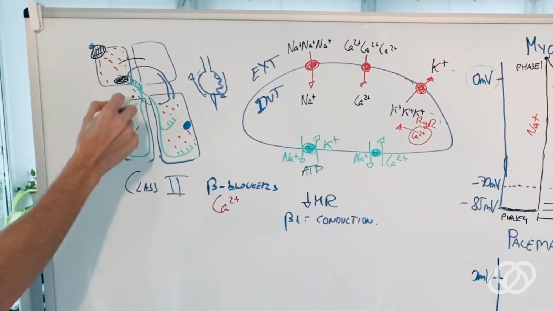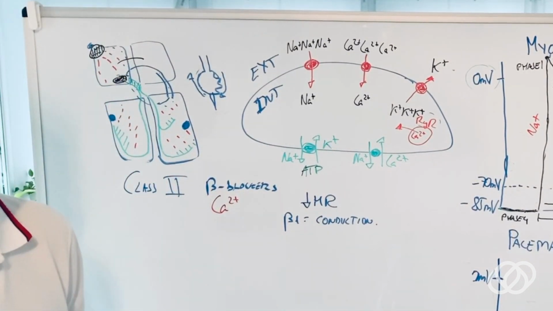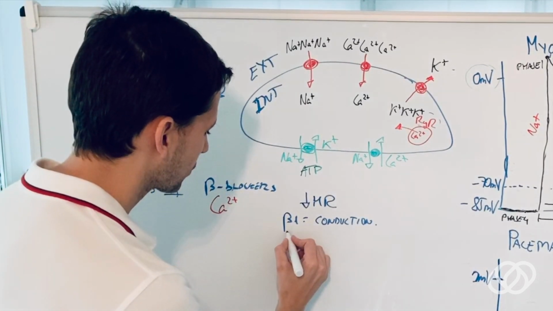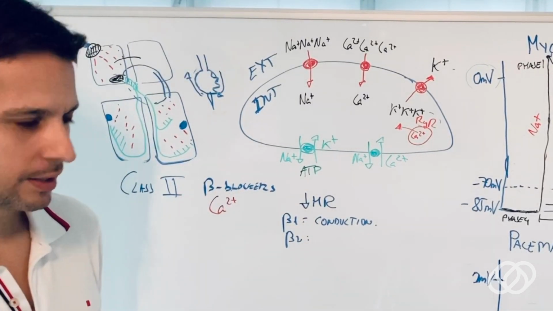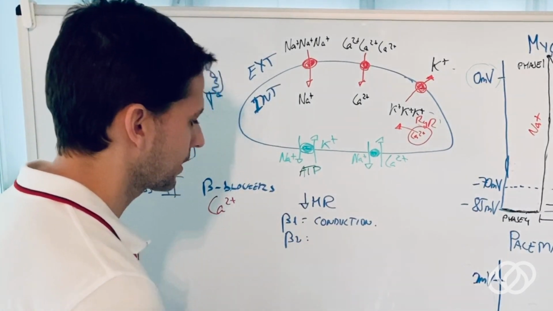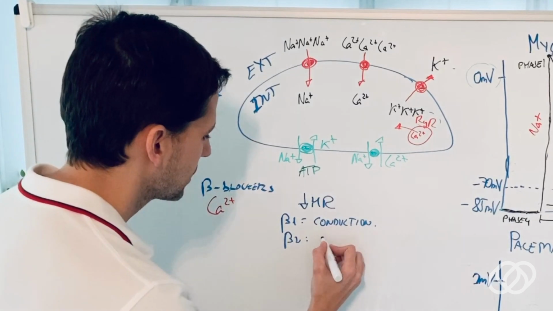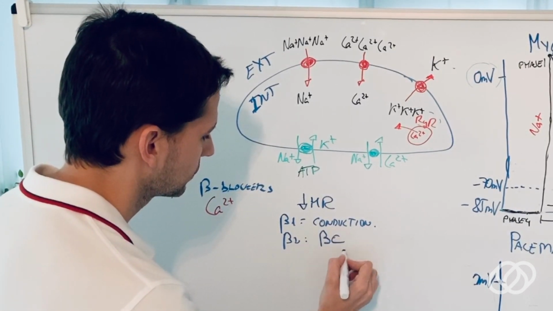Any problem, any block, we have to be careful when treating with beta blockers. But they also block the beta-2 receptors. That means we also have to be careful in patients with lung problems because they produce bronchoconstriction.